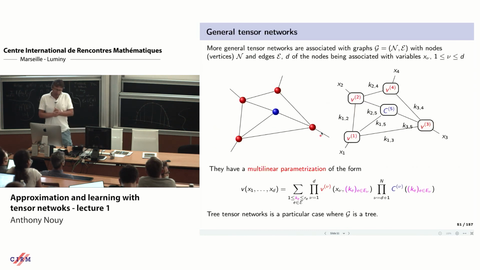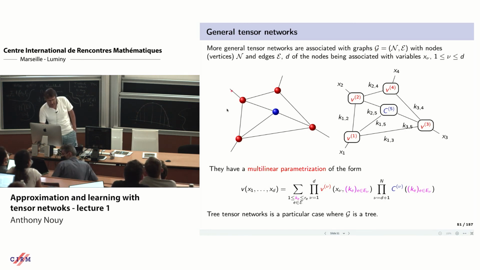Now, just a word. I will not tell you much about approximation properties of these objects, but here I introduce more general tensor networks. Before, it was tensor networks associated with a dimension partition tree. Here, it's another type of object: more general tensor networks that are associated with graphs.